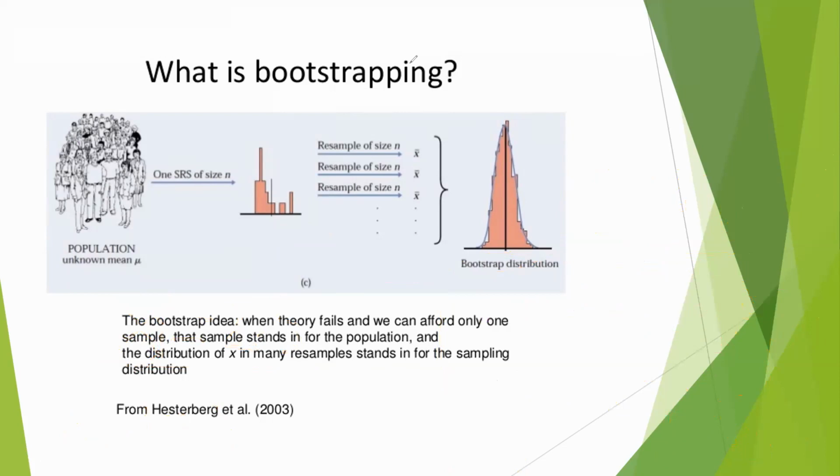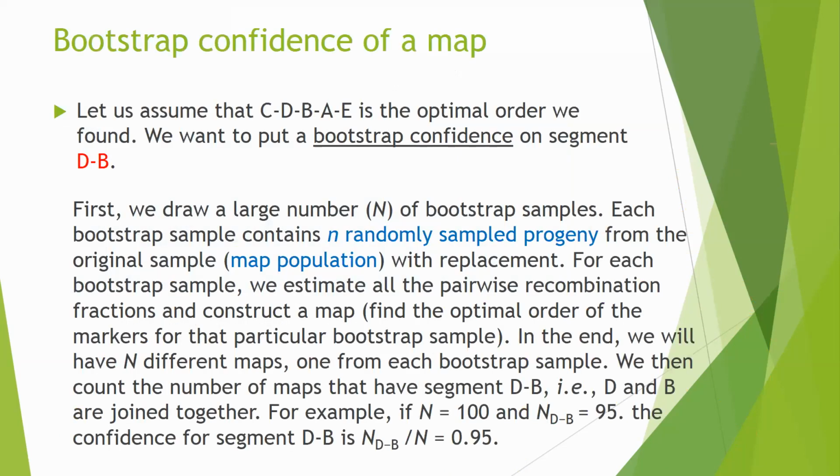All right. Very good. So now, once we have this idea, it's easy for us to know how we can use this bootstrap to construct a confidence interval or the confidence level for our map. So now I try to drag you back to our business, right?